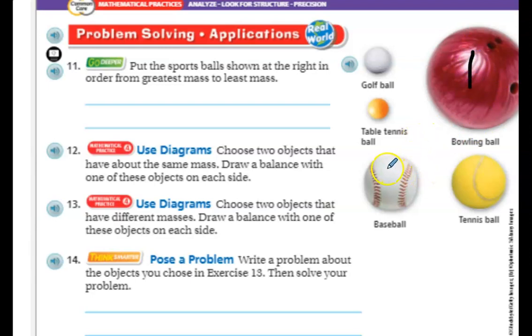Then I'll bet you went with your baseball for 2, the tennis ball for 3, golf ball for 4, and hopefully you came up with the table tennis or the ping pong ball as the lightest. Okay, so this would be like 1 gram. It'd be very, very light.